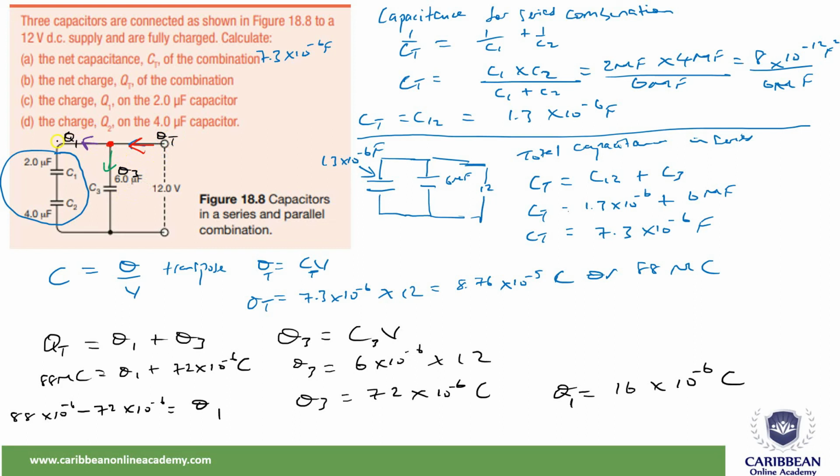Because of the nature of this series combination, what we're literally saying is that the charge flowing through C1 and C2 is going to be the same. So Q2 is still going to be 16 times 10 to the minus 6 coulombs.